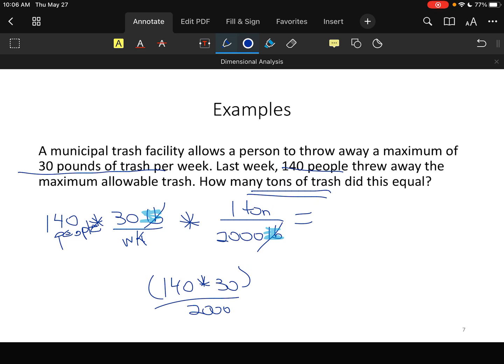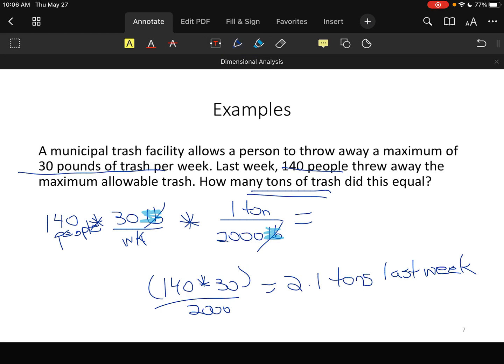You divide it out, you're going to end up with 2.1 tons of trash, and then we're just going to say last week, okay? Just to give us some more context to our solution. All right, real straightforward, nothing hard about it. But you can stack up these dimensions as far and as deep as you want to go.